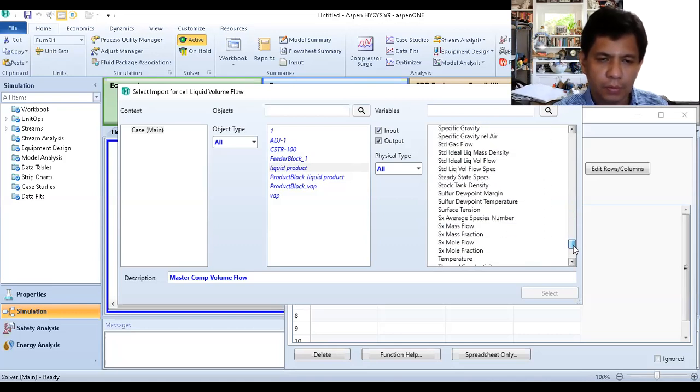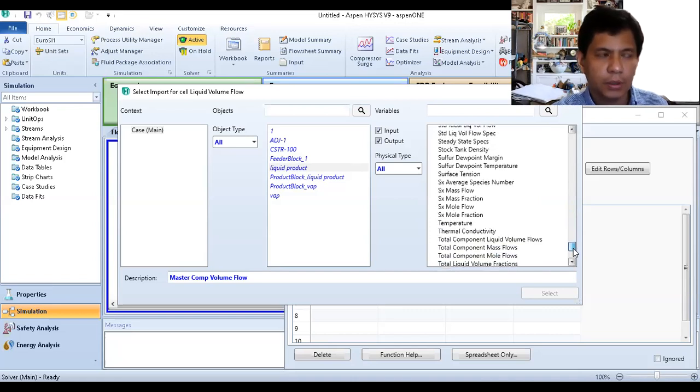Kasi dun sa 39.13 kanina, base siya sa ano?